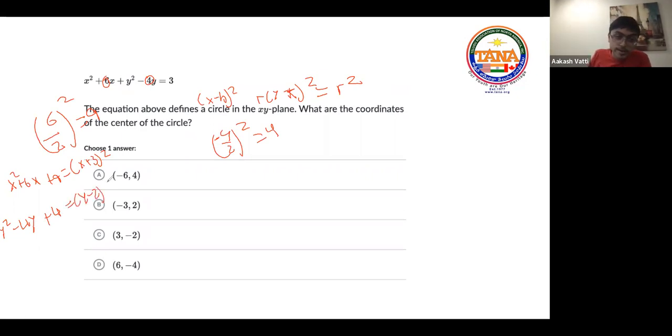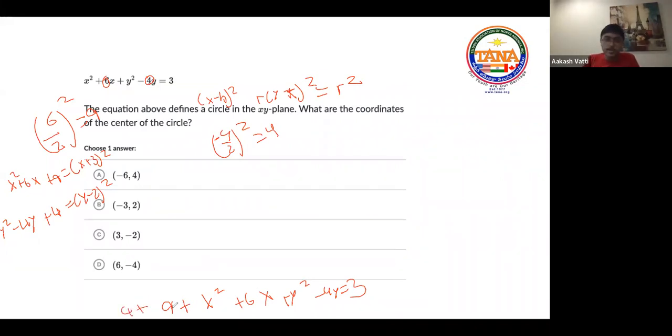And now that you have that, you have x squared plus 6x plus y squared minus 4y is 3. So when you add in everything else, I'm going to add it right here, plus 9 and plus 4 as well.